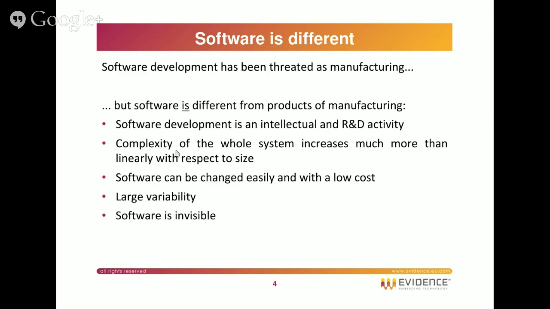And the complexity increases much more than linearly with respect to the size of the things you have to do. And also software can be changed easily and at a low cost. And there is also a large variability, and finally software is not tangible, it is invisible.